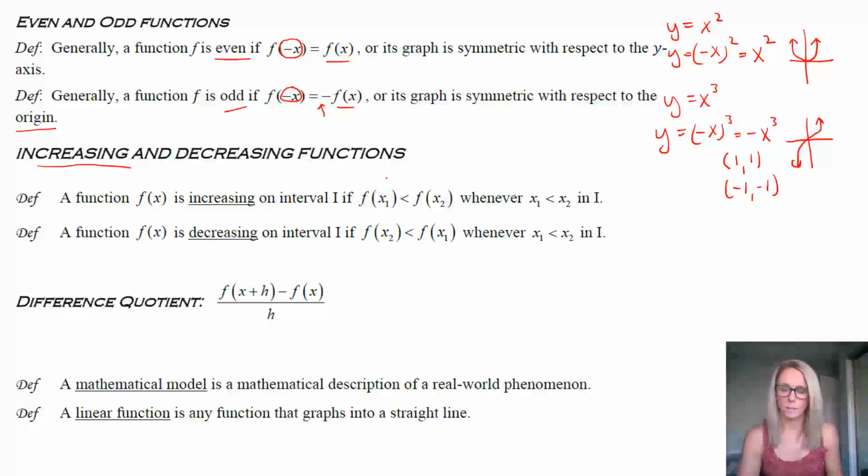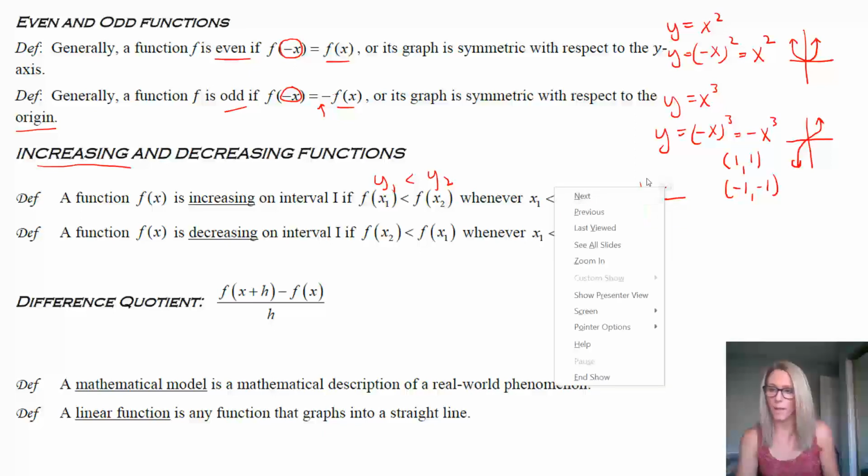So all this means is you can see f of x1 as y1, you could see f of x2 as y2 if you want. And really all we are saying here is if you have an x that's less than another x, then the y is going to be less than the other y, and that's going to create a function that is increasing.